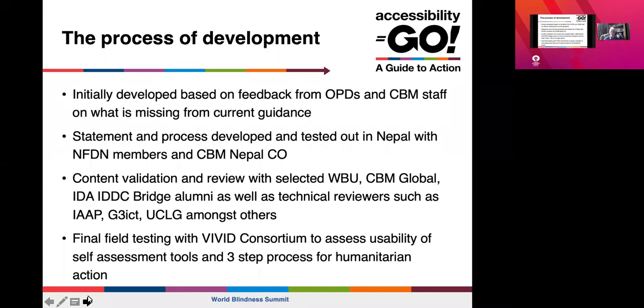And the final field testing we had of the guide was actually with the Vivid Consortia. This is a consortia that is a mix of European agencies, a lot from Ireland, as well as the European Disability Forum and Abilis, of agencies committed to inclusive humanitarian action. And that allowed us to use the self-assessments, and you'll be hearing from the European Disability Forum. I'm going to share a little bit of their learning on using that later in the session.